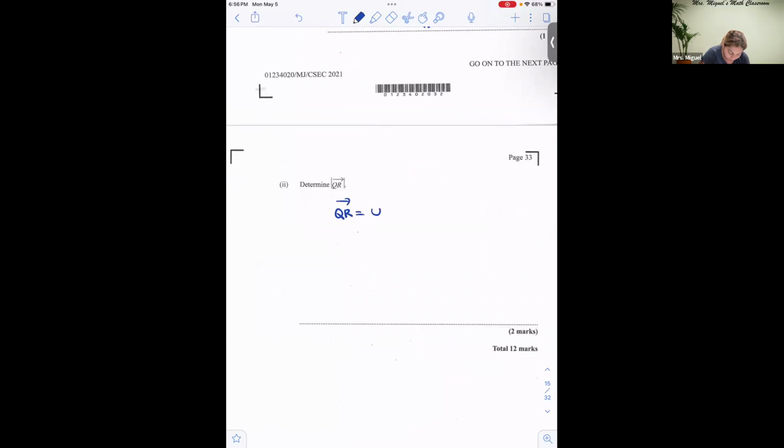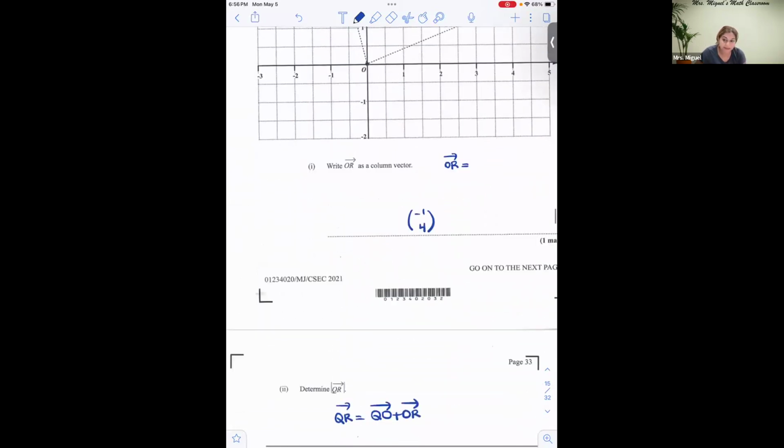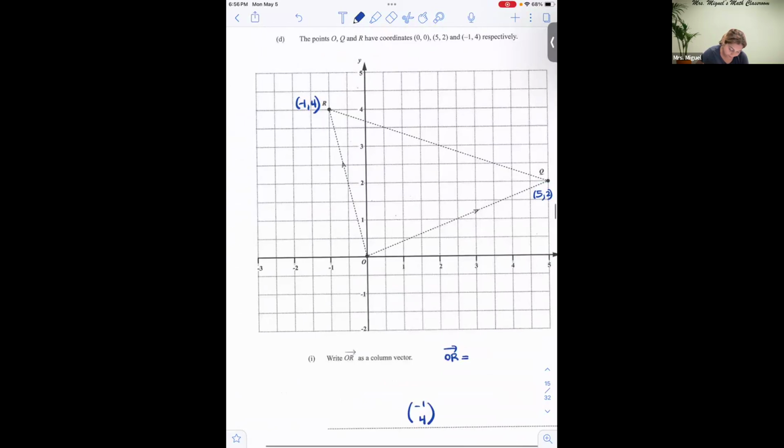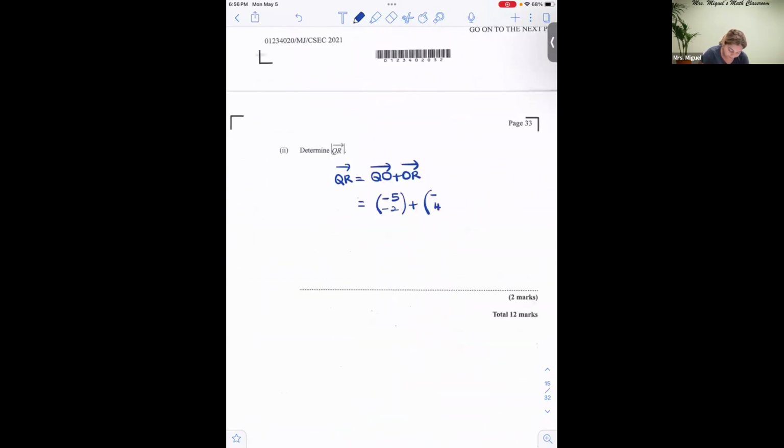QR will be QO plus OR, and so this will be negative 5, negative 2, and OR is the vector negative 1, 4, I believe, here. So work out that and then find the mod of QR. Go ahead.